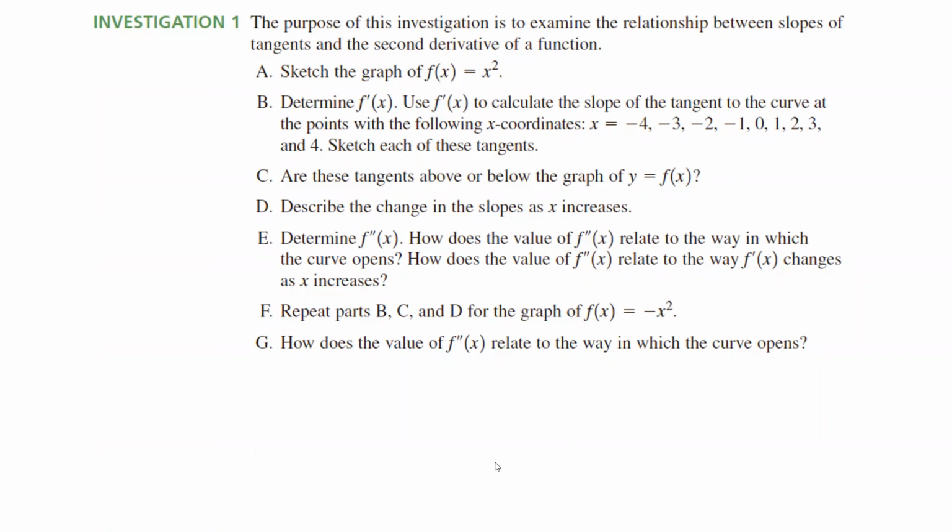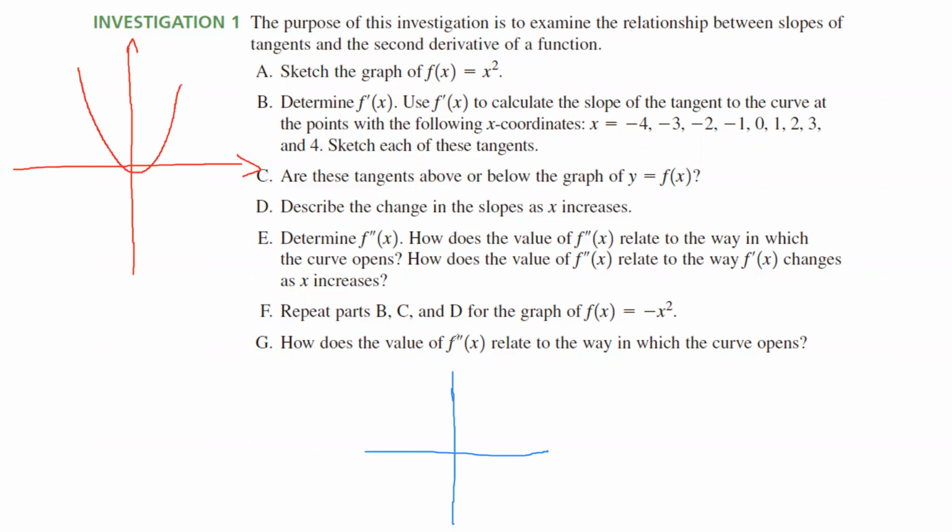So let's sketch the graph of function f of x equals x squared. So let's say it's going to be here. You can also plot it if you wish, but I believe this is going to look like this.